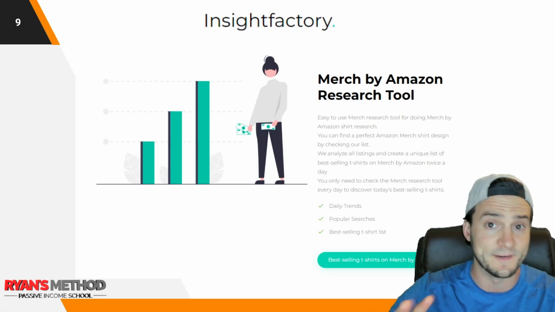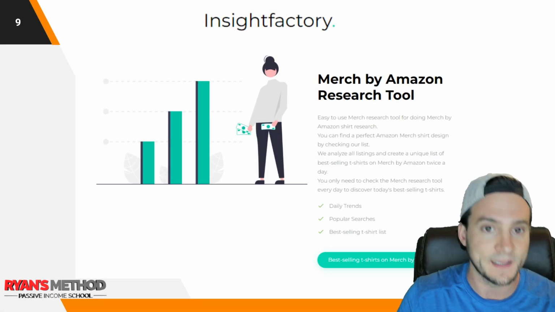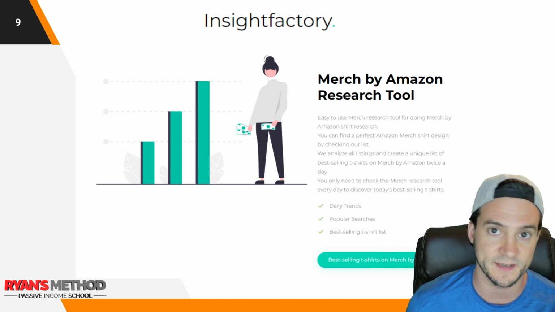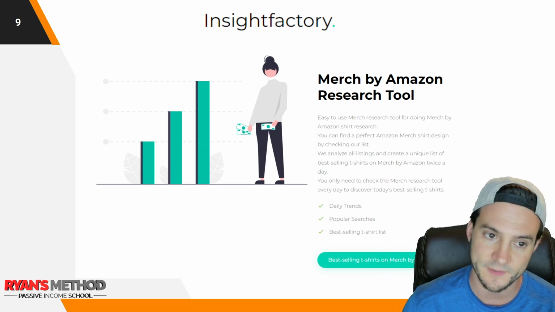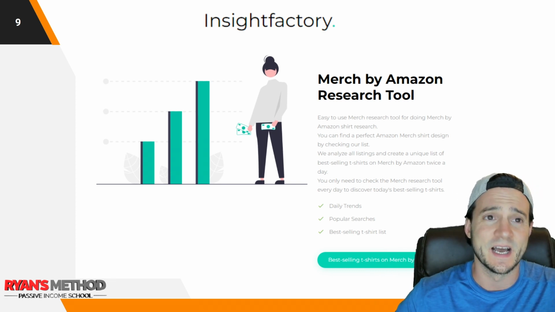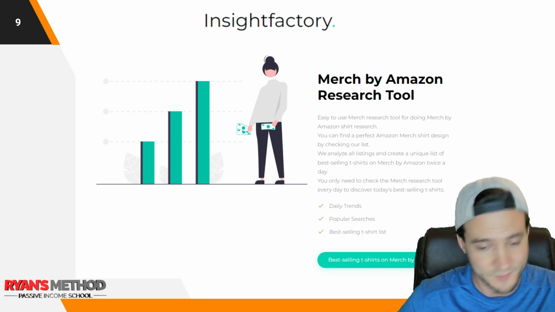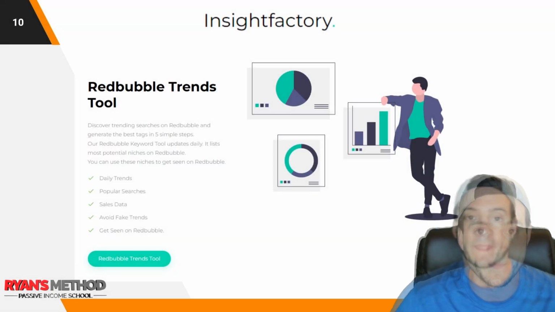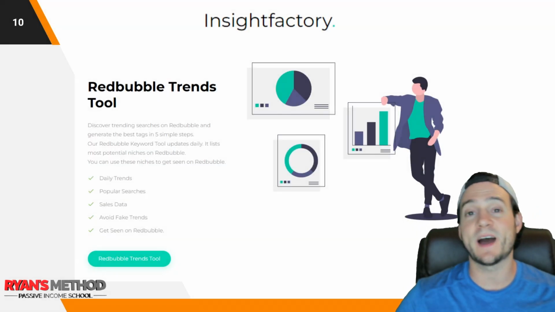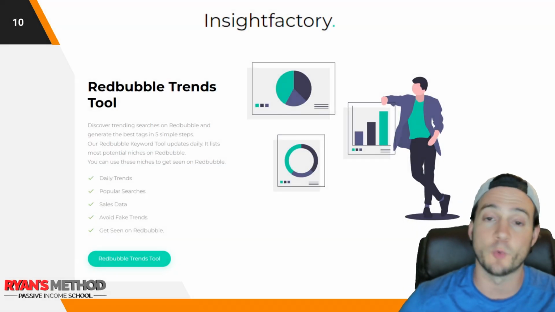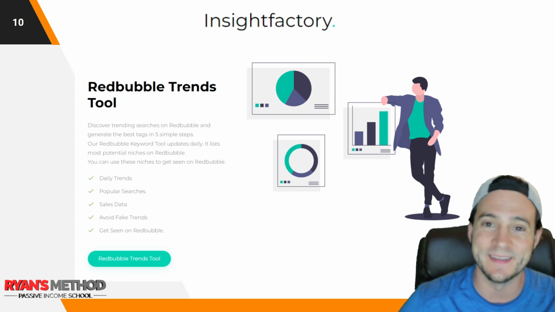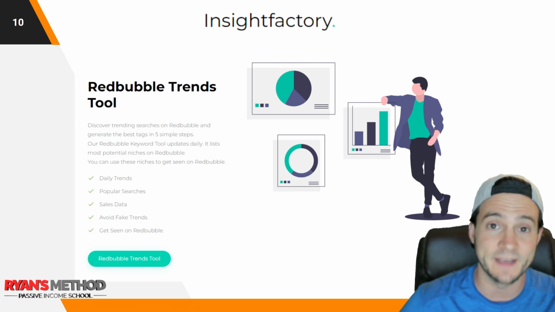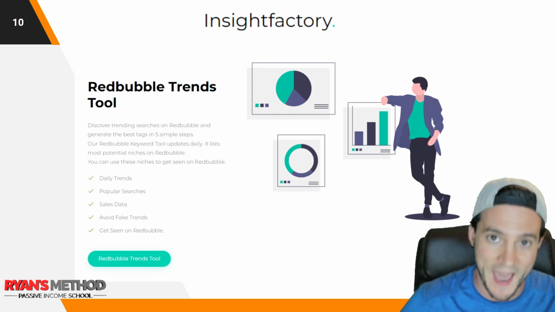It puts the best sellers right in front of you, but it's not just best sellers, it's sub niches within the best sellers. So it's extremely, extremely valuable, guys. And it's just expediting the research aspect of things, which is why we use these tools. Like I said, Merch by Amazon research tool. They've got a Redbubble trends tool. They've got more than just this. I'm basically going to walk you through everything you need to know in this video. And the easiest way to do that is to jump on over and actually show you the app.